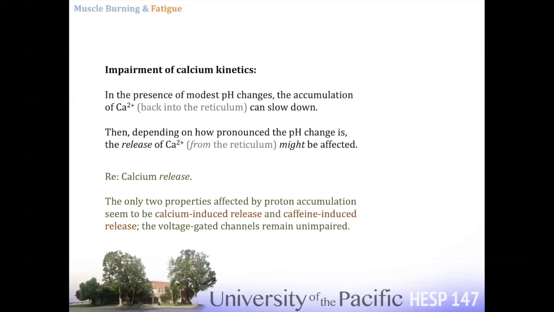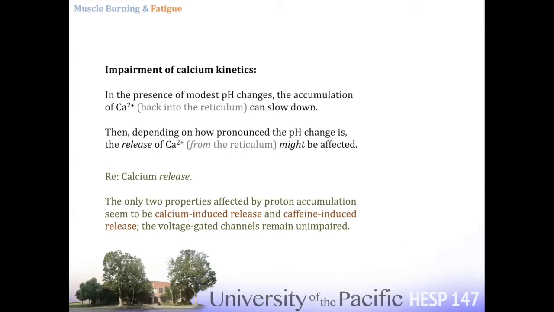That's pretty much it. It doesn't seem to be all that potent. Proton accumulation does not affect the depolarization-induced calcium release, right?